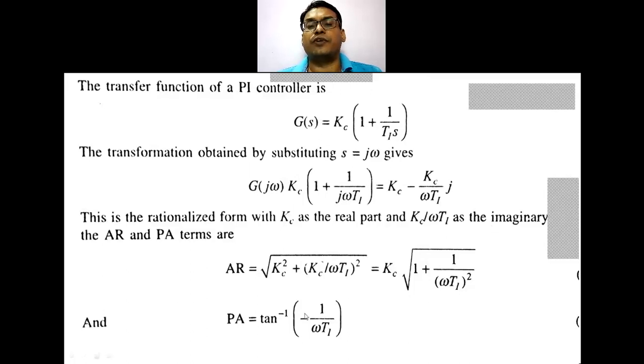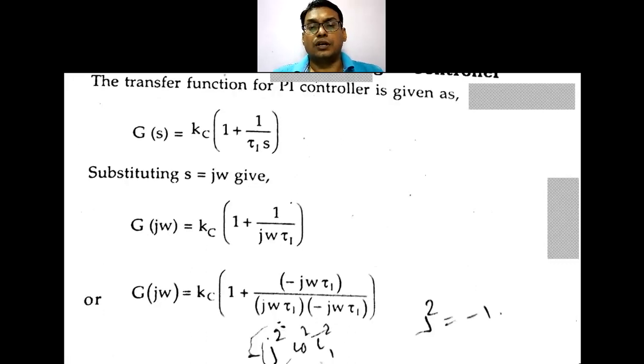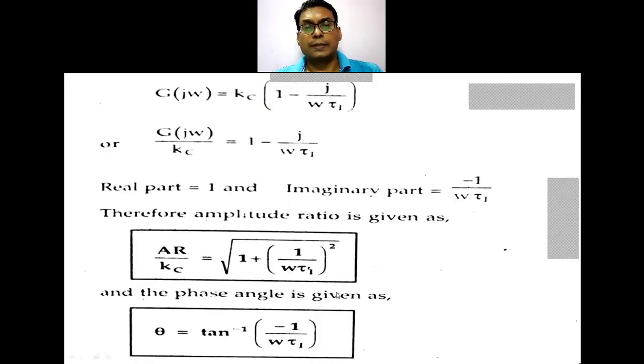Similarly, the phase angle is tan inverse of minus imaginary part upon real part. So this is the actual substitution we have done, and the amplitude ratio comes as root of 1 plus (1 upon omega tau 1) square, and the phase angle is given as tan inverse of minus 1 upon omega tau 1.